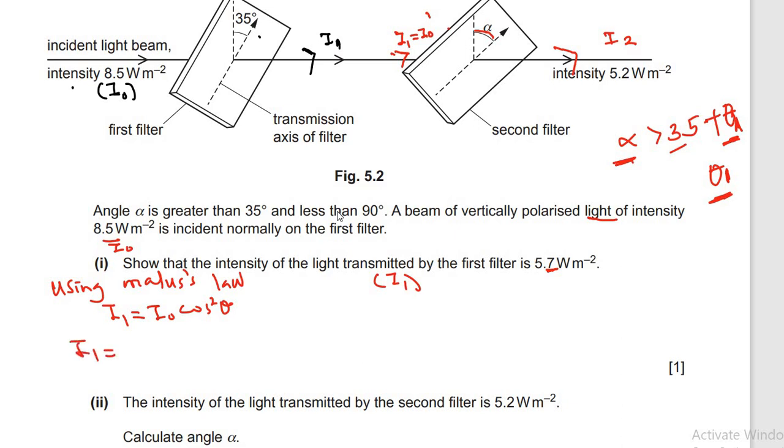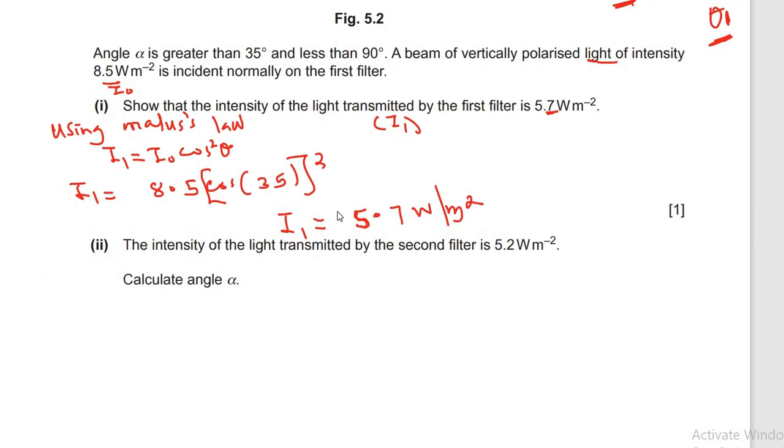I1 is I0, the incident intensity, 8.5, times cos theta, where theta is 35 in this case, all squared. So 8.5 cos 35 all squared. I1 will give us 5.7 watts per meter squared.